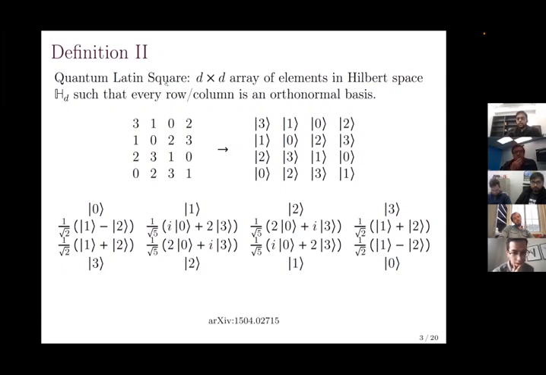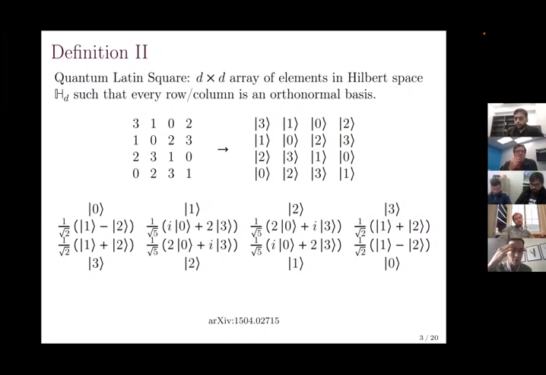In this case, this can be any dimension, not only 4. When we're talking about quantum Latin squares, they can be of any dimensions, but if you look at each row or each column, you will get an orthonormal basis.